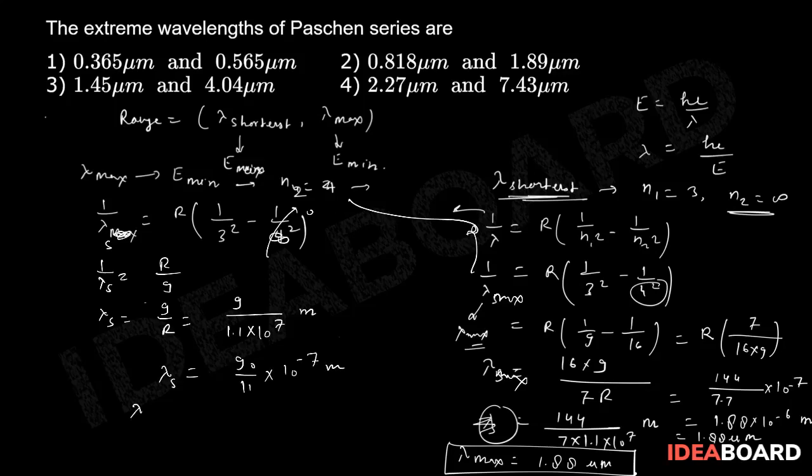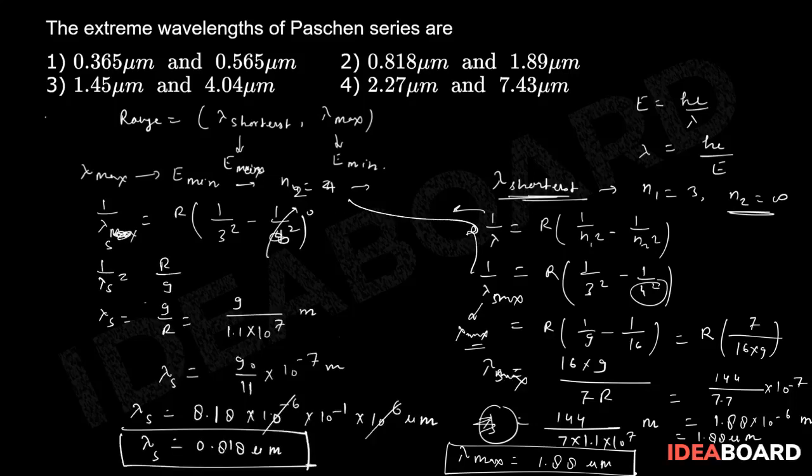So lambda s is going to be 90 by 11, which is 8.18 into 10 to the power minus 7, so I can write it as 0.818 into 10 to the power minus 6, and multiplying by 10 to the power 6 for converting to micrometer, this is cancelled out. This will be lambda shortest is equal to 0.818 micrometers.